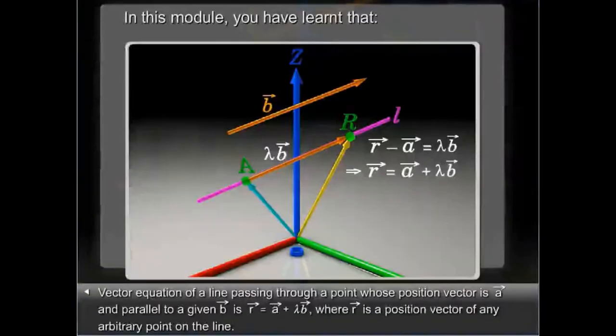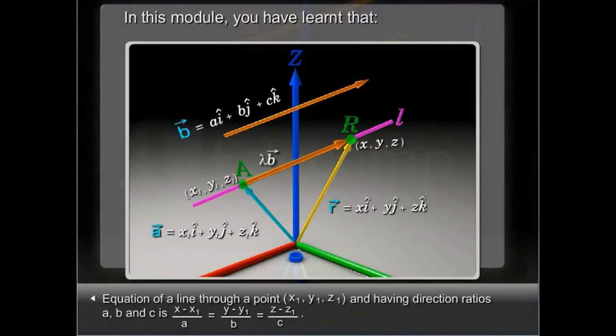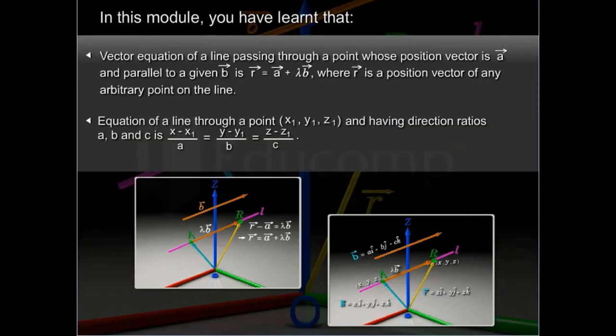In this module, you have learnt that the vector equation of a line passing through a point whose position vector is vector A and parallel to a given vector B is vector R is equal to vector A plus lambda times vector B, where vector R is the position vector of any arbitrary point on the line.